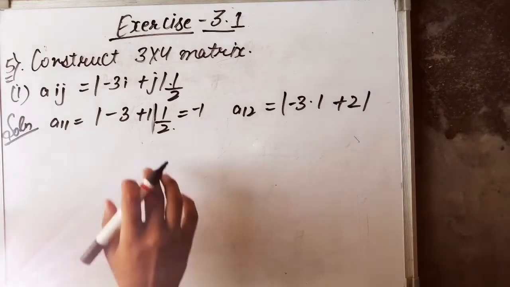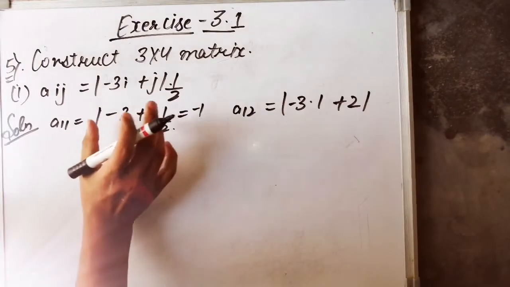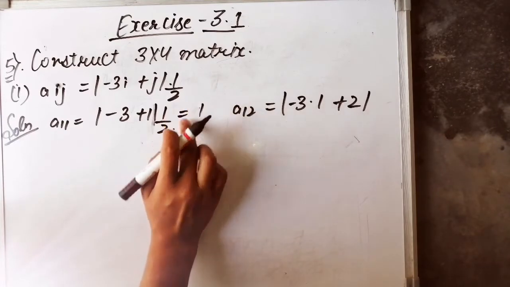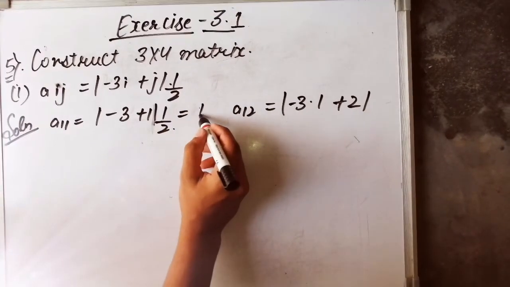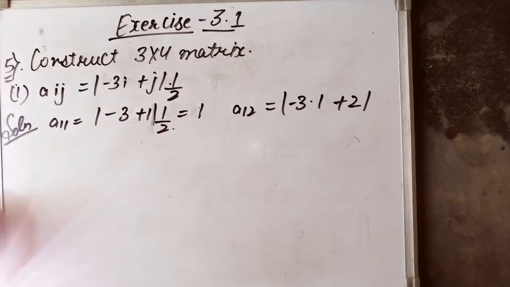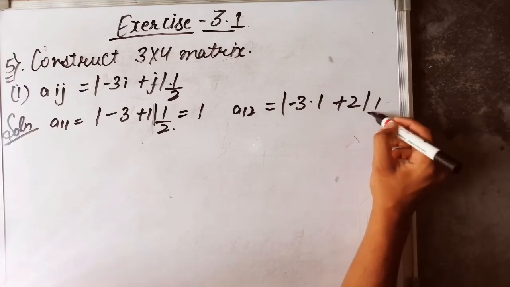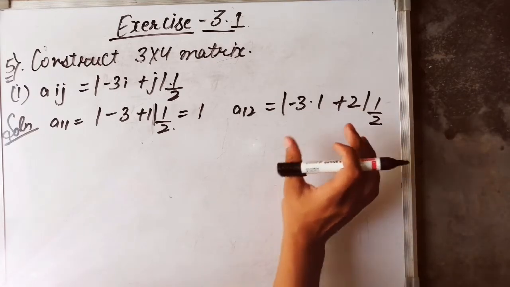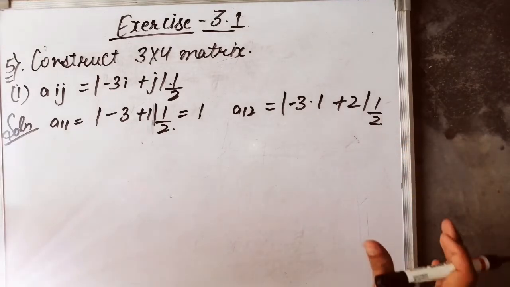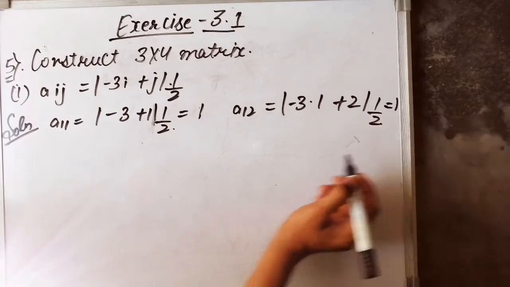Students, I have just made a mistake here: it was modulus and I took −2 here. The value which will come here will be 1. −3 into 1 plus 2 divided by 2: −3 + 2 equals −1, and modulus of −1 divided by 2, we have 1 by 2.